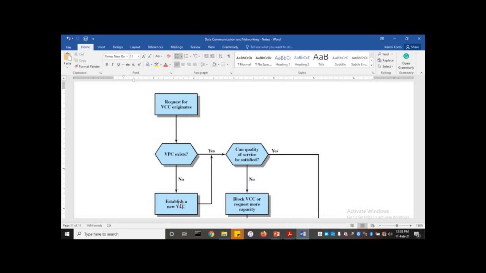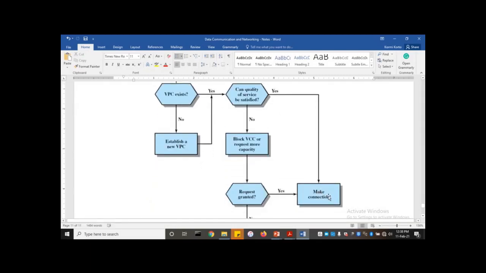Okay, so once that is established, then it goes back to the quality part. Can I guarantee or satisfy your quality of service for that VCC request? If it's a yes, then as usual, the connection is made.